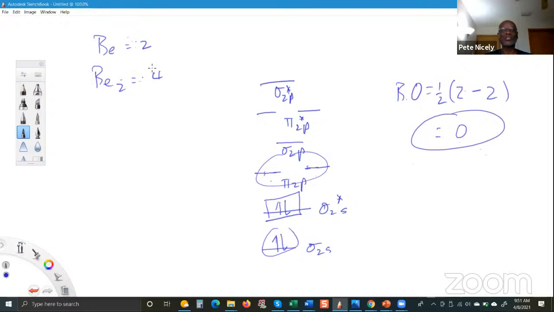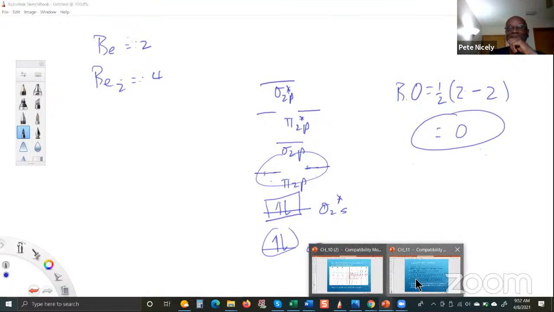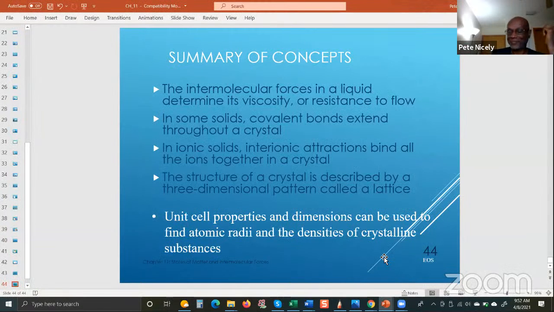So basically no stable structure has been created which looks like the beryllium diatomic molecule. Okay, so that's basically how we determine the electron distribution for diatomic molecules.